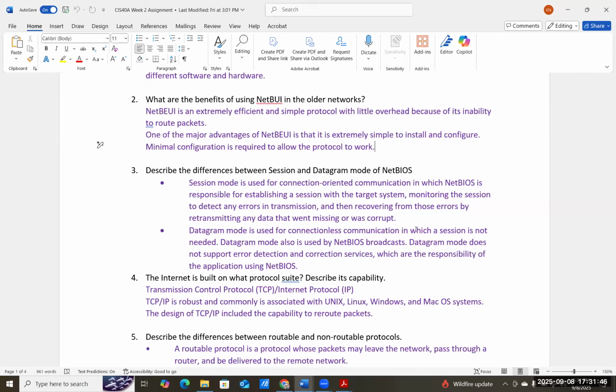If I'm system A transmitting data to system B, the first thing that has to happen is I tell him, are you ready to connect? And he says, I'm ready. Okay, now I'm transmitting, right?